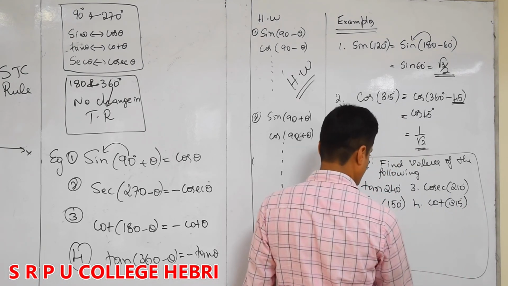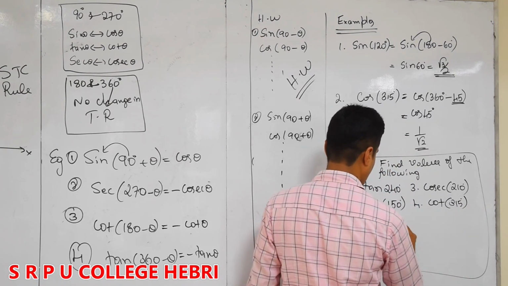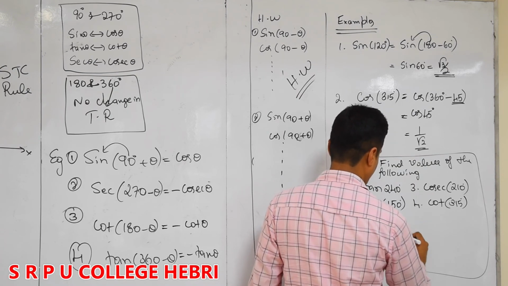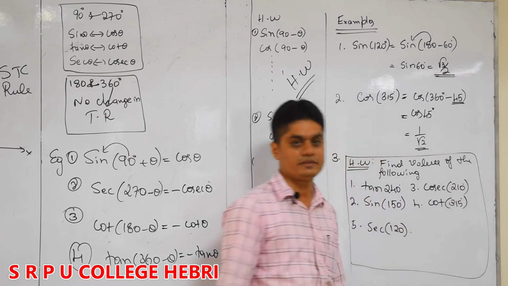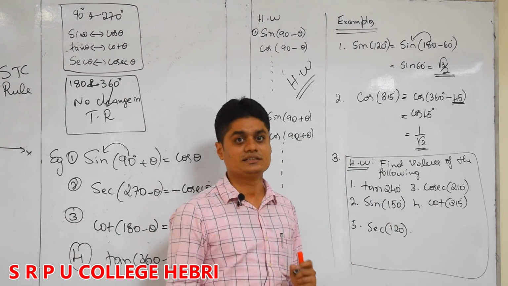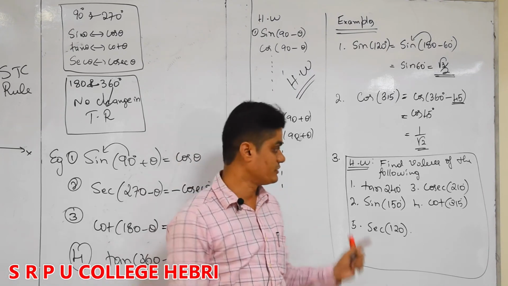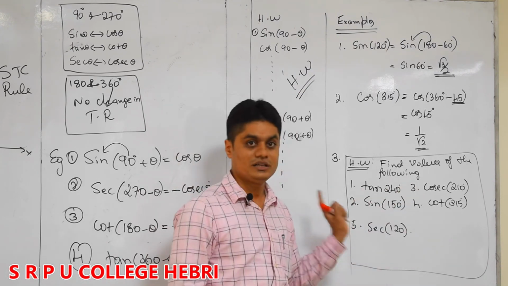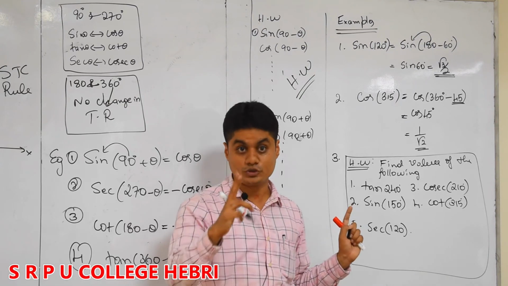Fifth one, secant of 120 degrees. Five problems are enough, and it will continue next class with some big angles, which come after 3 rotations or 4 rotations. So first you practice this, and after seeing this video, you have 3 homework problems.